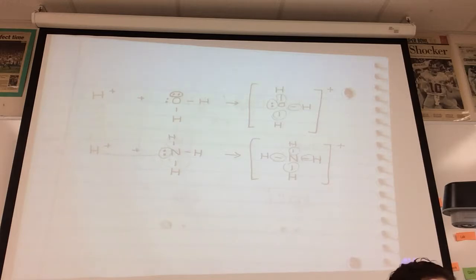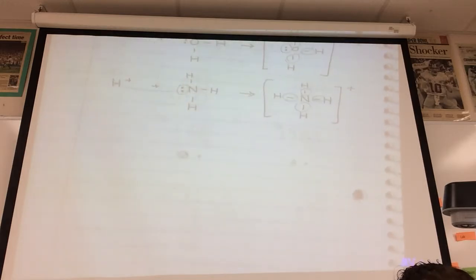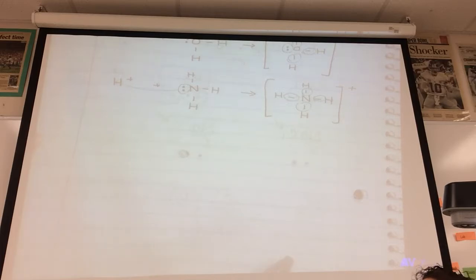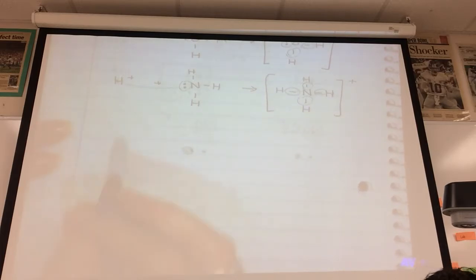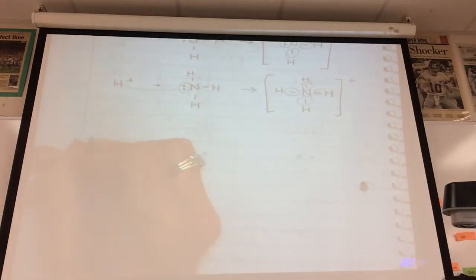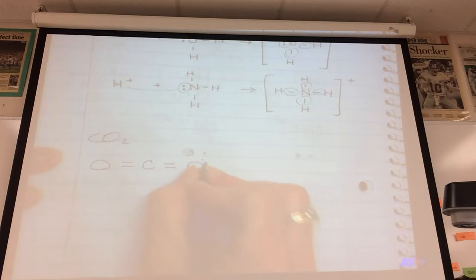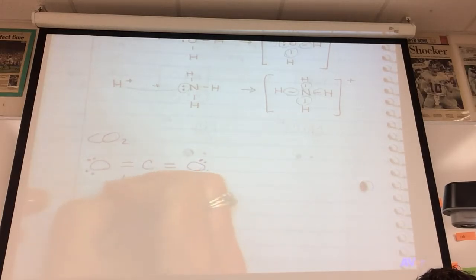We also have multiple bonds, for example, and we're going to review how to draw all of this. If it looks foreign, don't worry. For example, if you had carbon dioxide, I'm sure you remember how to draw carbon dioxide. And you'll see why I put the electrons there in a couple days.